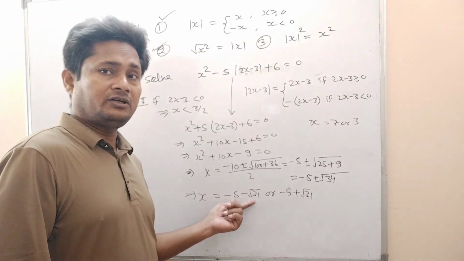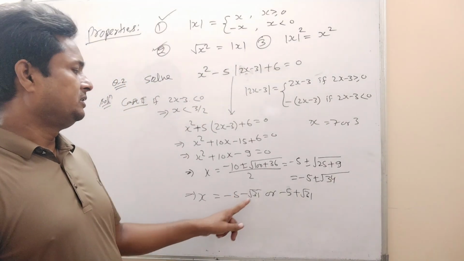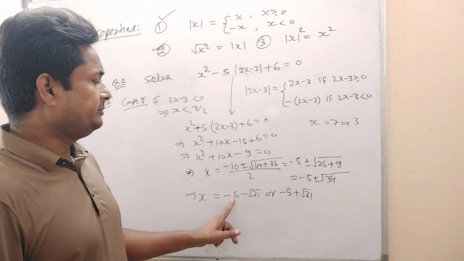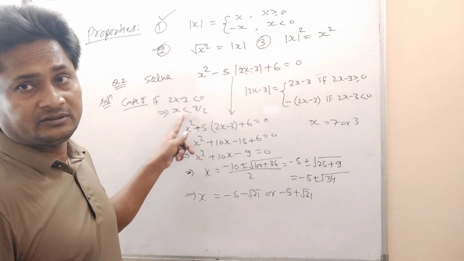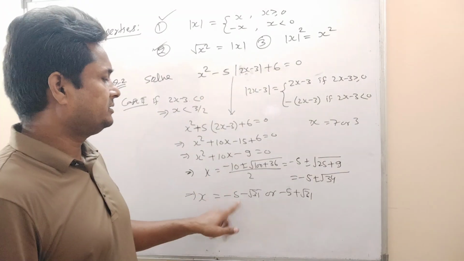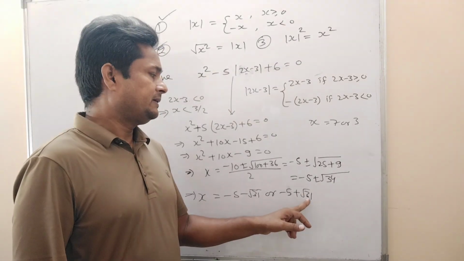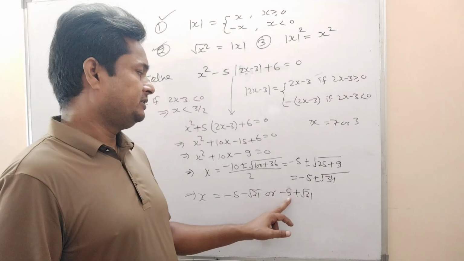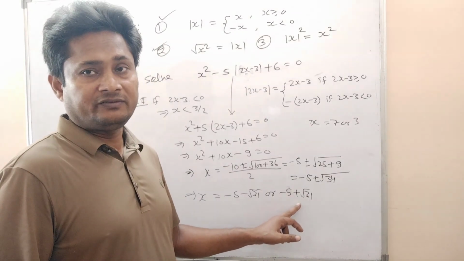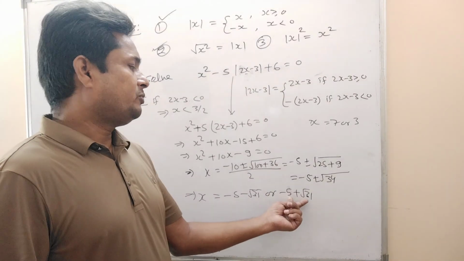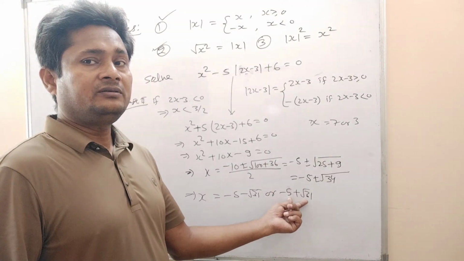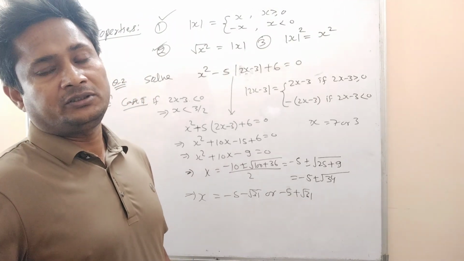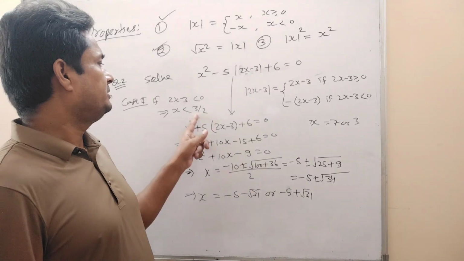Minus 5 minus root 34 will be how much? Root 34 is 5 point something, so it will be minus 10 point something. So this answer lies in this interval, so this is a correct answer. Now this one: root 34 is 5 point something, and if you subtract 5, it will be some number between 0 and 1.